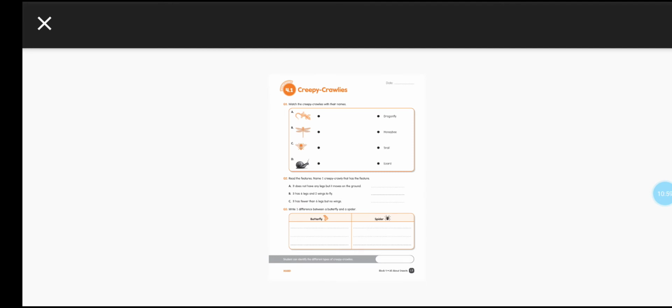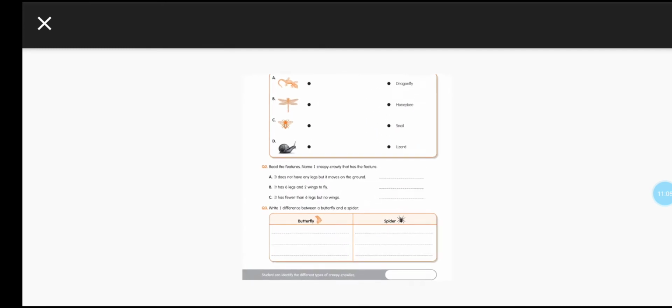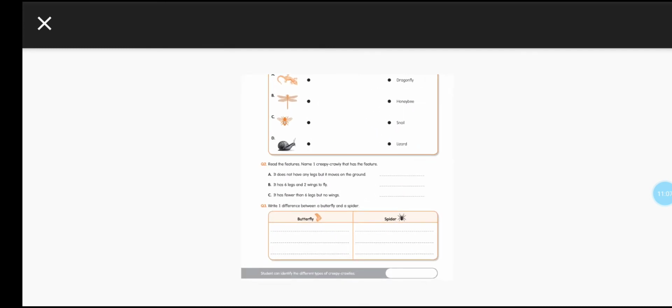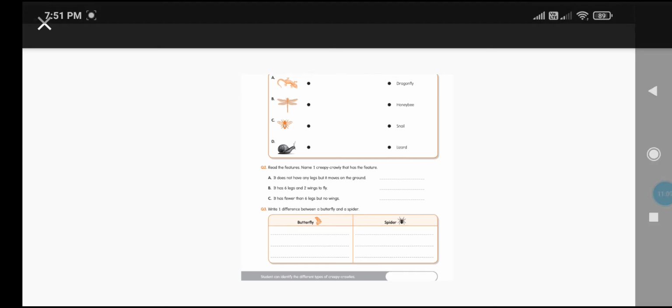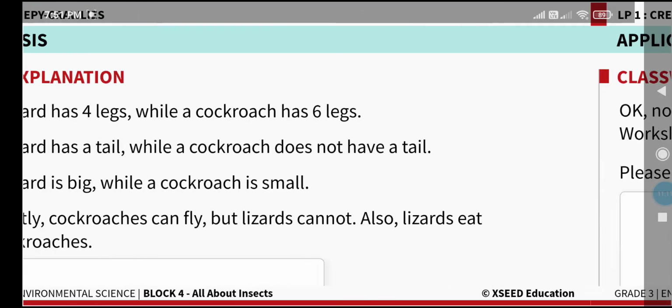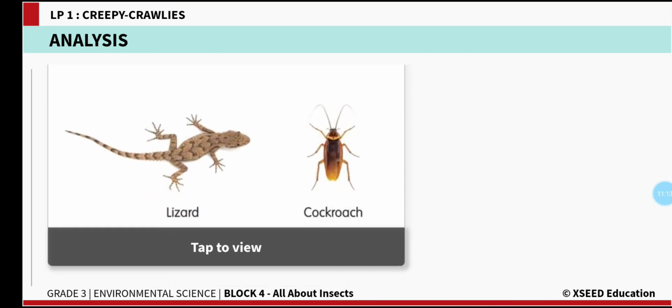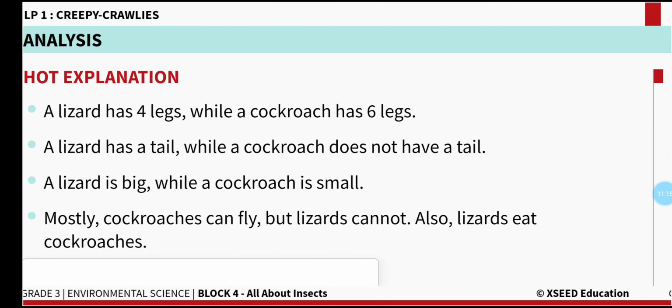They are different from each other in their color. Like grasshopper is green in color, and ladybird is red in color. Right? So we will see what is given in this content book.